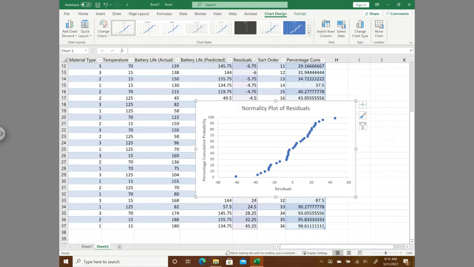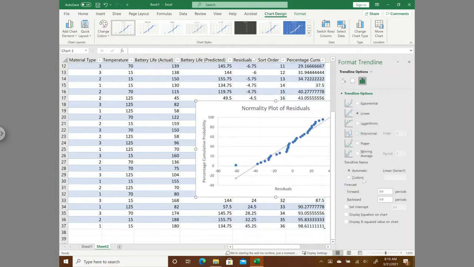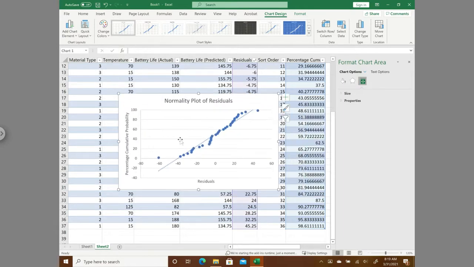Now we plotted this chart to check the assumption of normality. So how do we do that? If I add a trend line from this data here, you will see that most of the points, ideally all the points, should fall along this straight line.